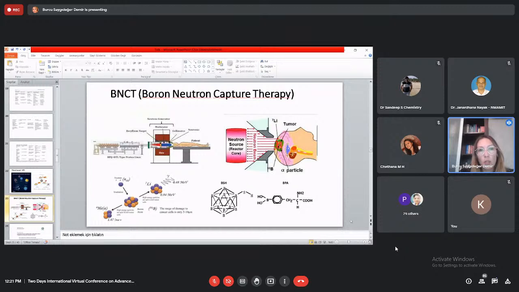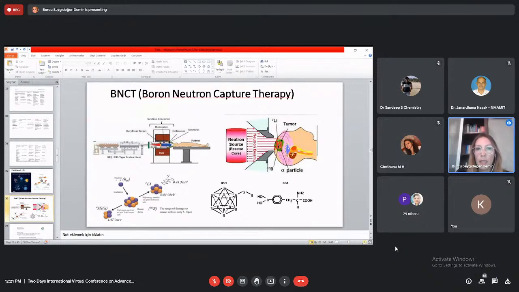The currently used boron compound is an amino acid derivative, para-boronophenylalanine, which has one boron atom per molecule of BPA. Unfortunately, this is not adequate for efficient therapy.